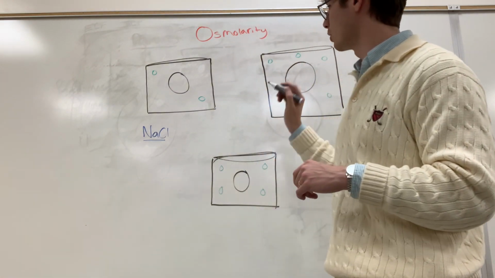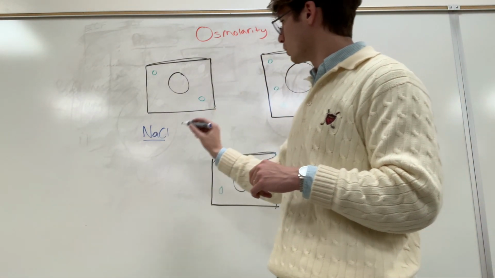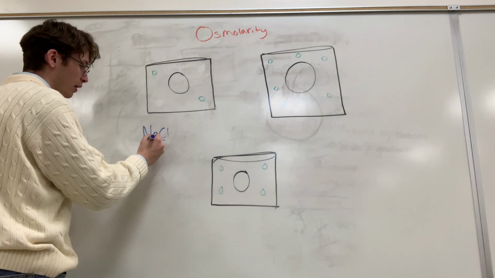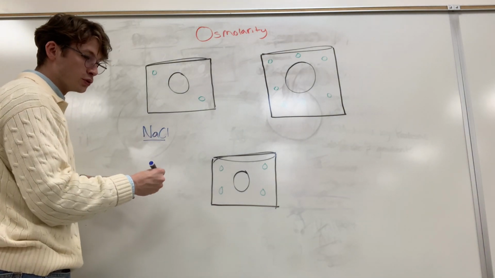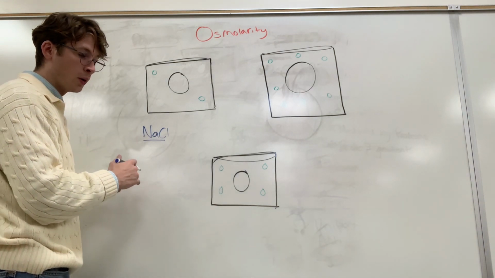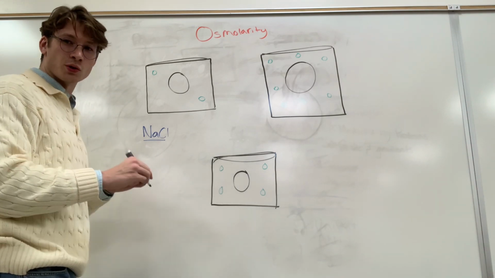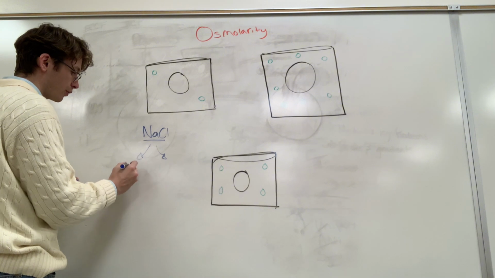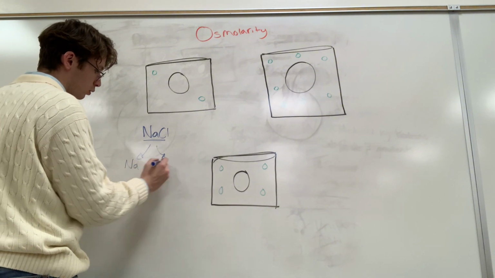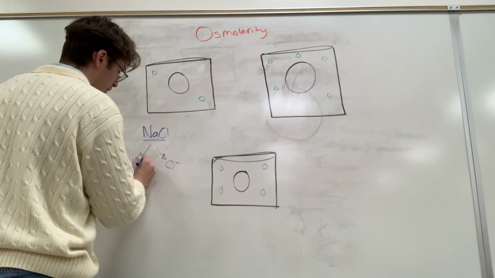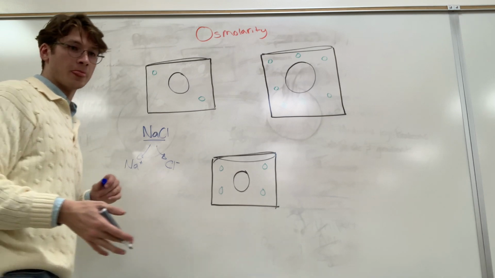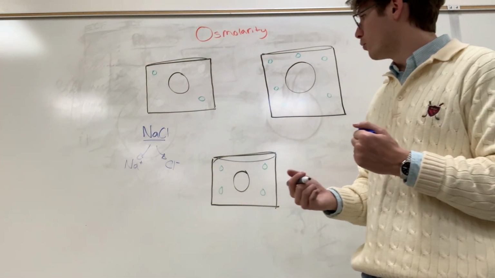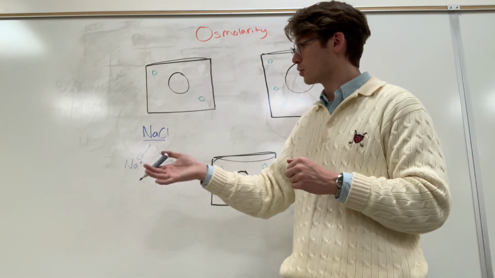But if we're talking osmolarity, sodium and chloride are 2 separate elements, 2 separate ions. If they were put in a solution and separated and dissociated, we would end up with 2 different ions, sodium and chloride, and that would give us an osmolarity of 2 osmolar per liter of solution.